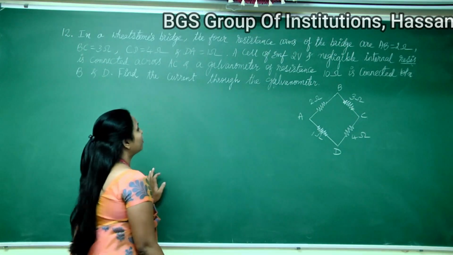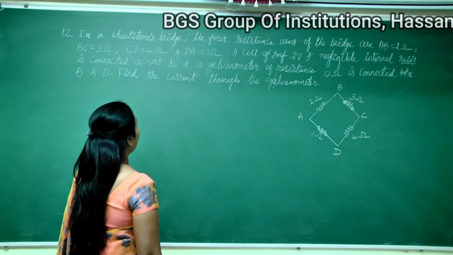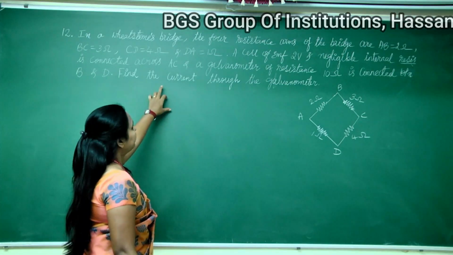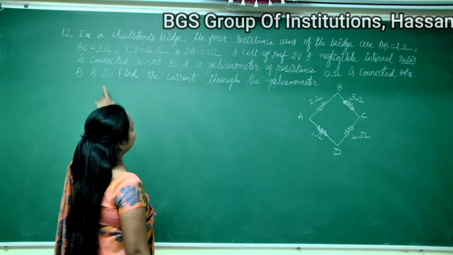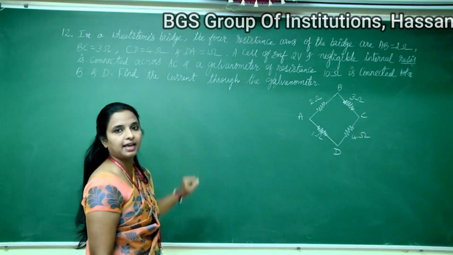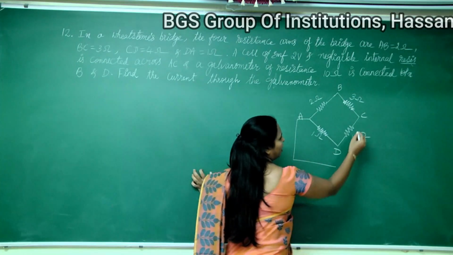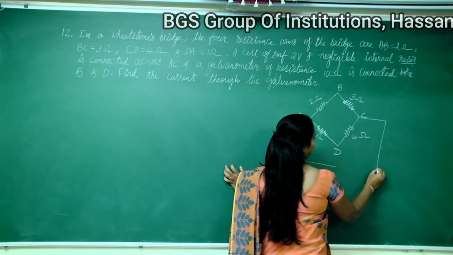And the cell of EMF 2 volt is connected between AC. AC is the pair of opposite points.